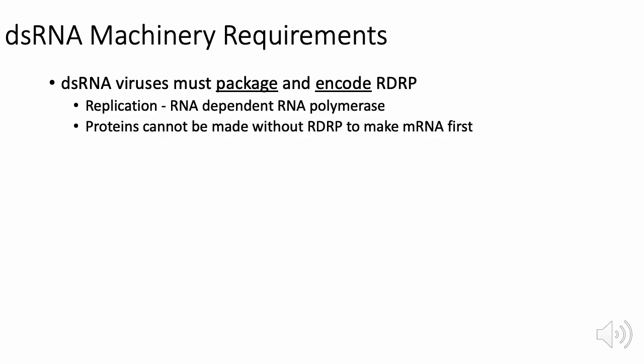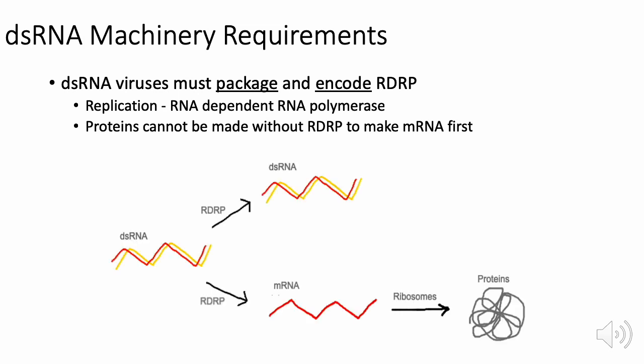Replication is going to use this RDRP, and proteins cannot be made without the RDRP. So we must package and encode RDRP in order to have a functional double-stranded RNA virus.